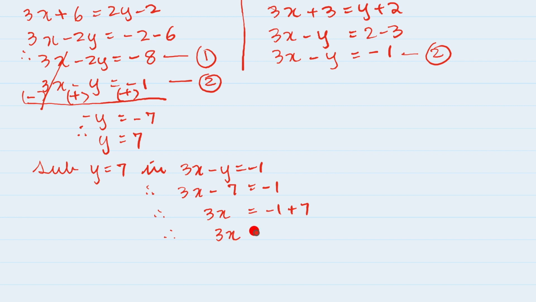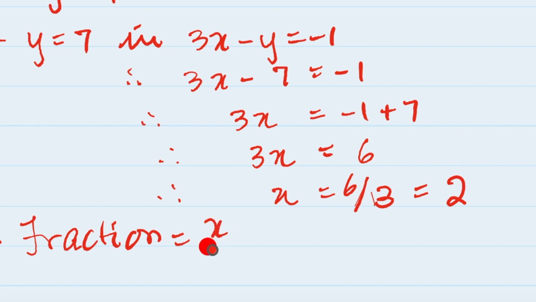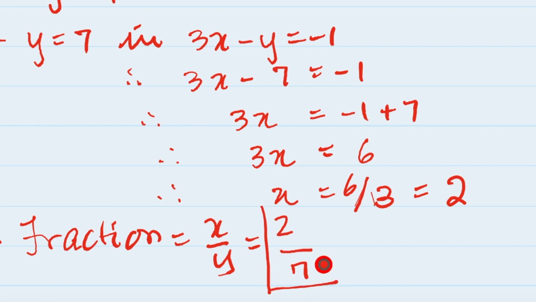Therefore 3x equal to 6. Therefore x equal to 6 upon 3, which is equal to 2. And therefore our fraction is x upon y, which is 2 upon 7, and that is our answer.